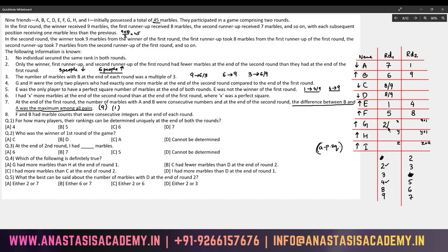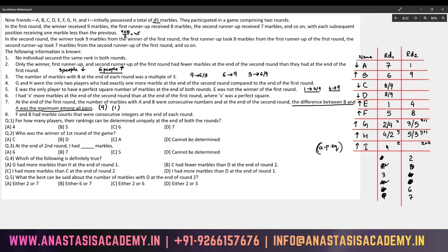If it is 2 or 4, or 4 or 2, the score here will be 3 or 5, or 5 or 3. G and H will have this version working for them. So 2 is gone, 4 is gone, 8 is gone, 9 is gone, 3 is gone, 5 is gone.